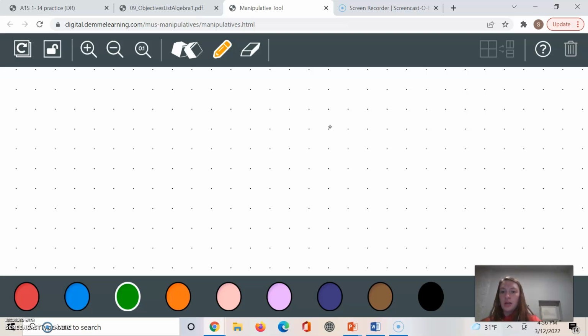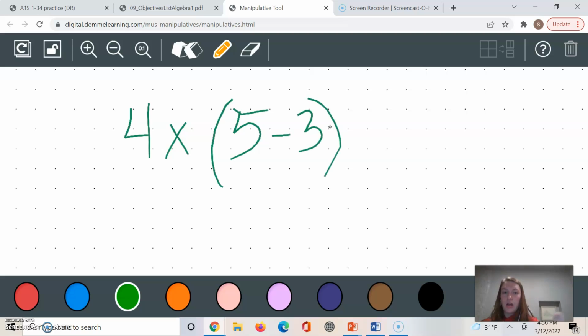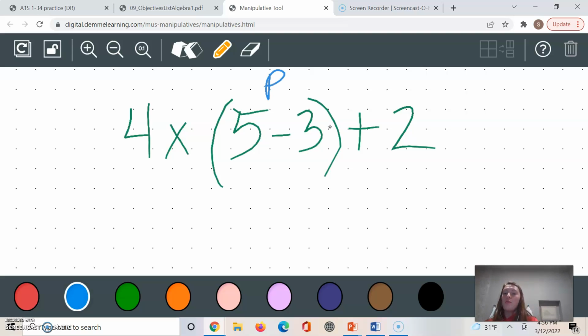Let's do 4 times (5 minus 3) plus 2. Okay, where do we begin? Well, we recognize that there are parentheses here, so we would write out 4 times 5 minus 3 equals what? 2.